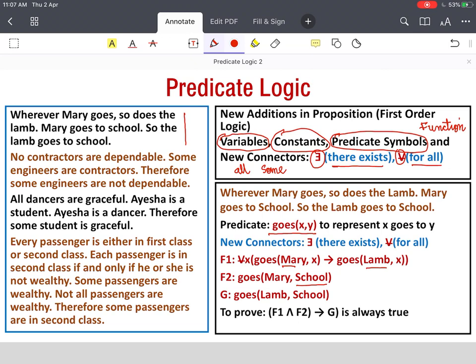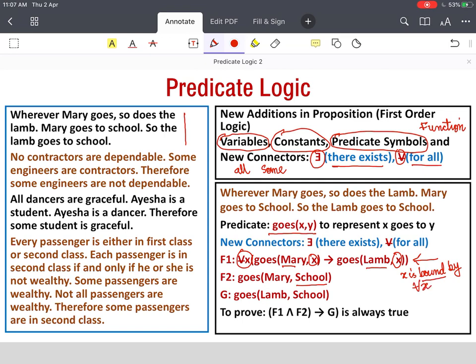For example, in this one, we said for all x, goes(Mary, x) implies goes(lamb, x), where x is a variable. This for all is the connector, and x is bound by this connector.